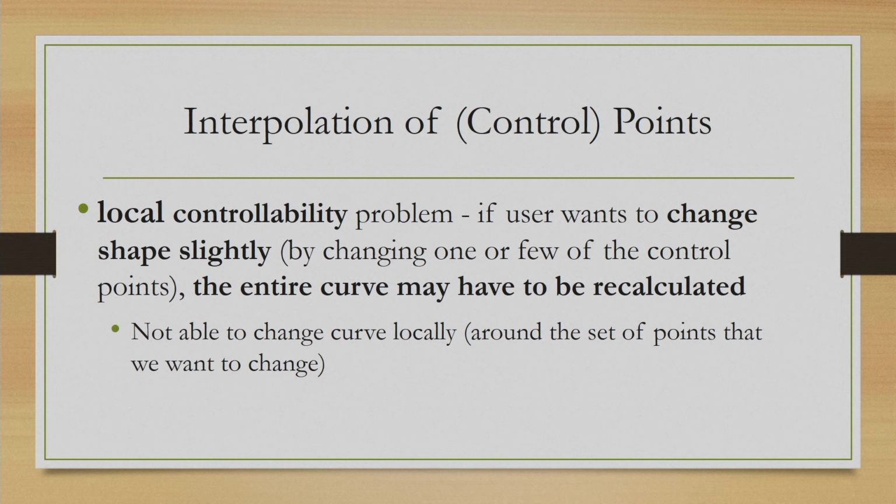Along with that, there is one more problem, which is called local controllability issue. Suppose the user wants to change the shape slightly. So, with the polynomial equation we will get a curve which represents a shape. Now, I want to change it slightly.